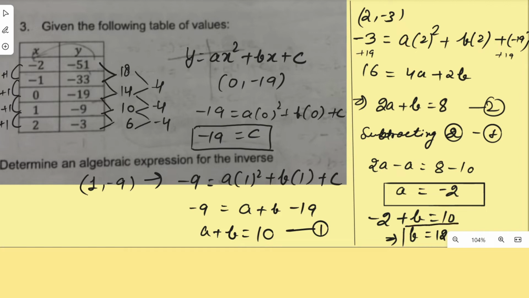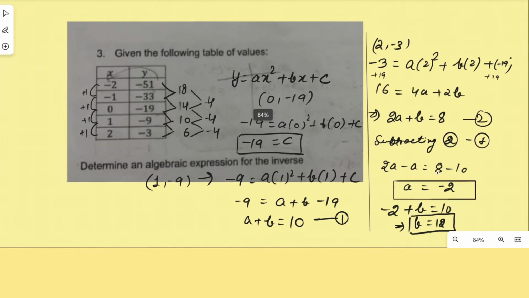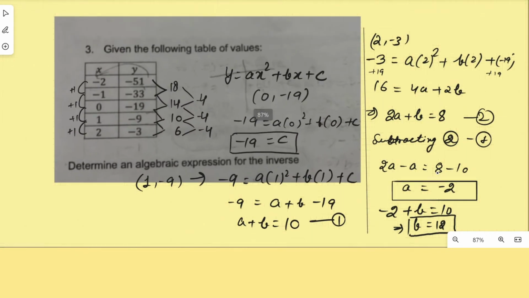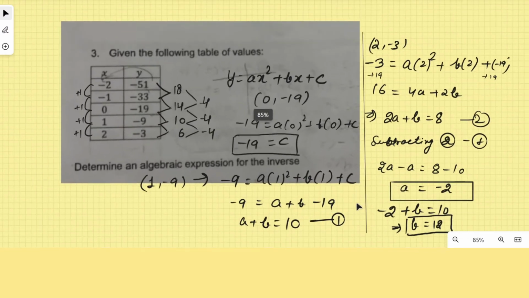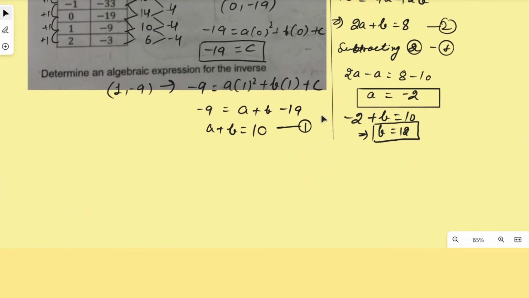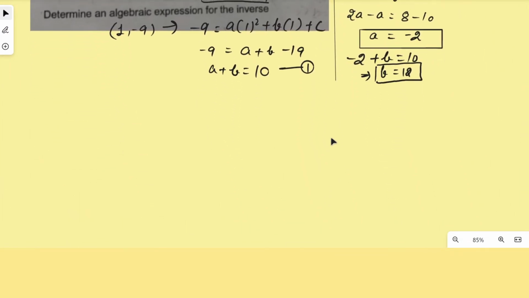Alright, so this is the value of a, b and c here. So now we know what the original function representing the table looks like.